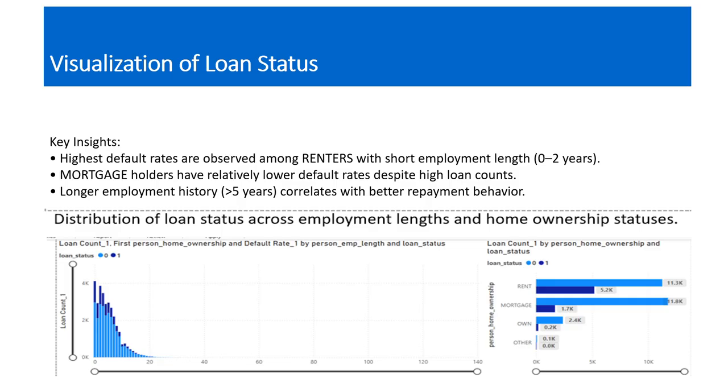Mortgage holders have relatively lower default rates despite high loan counts. Longer loan terms correlate with better repayment behavior.